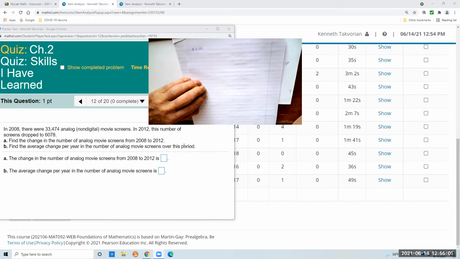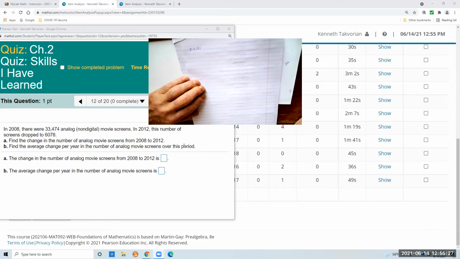Let's read the problem. In 2008, there were 33,474 analog movie screens. In 2012, this number of screens dropped, went downward to 6,078. Find the change in the number of analog movie screens from 2008 to 2012.